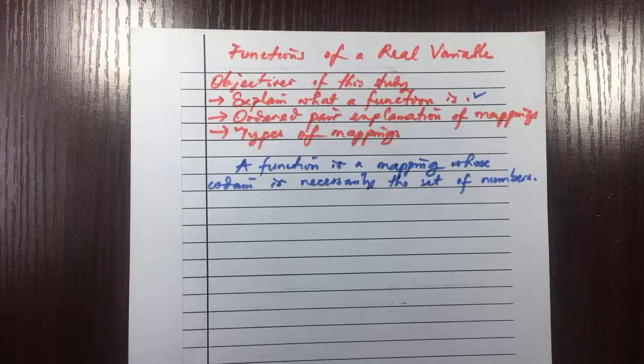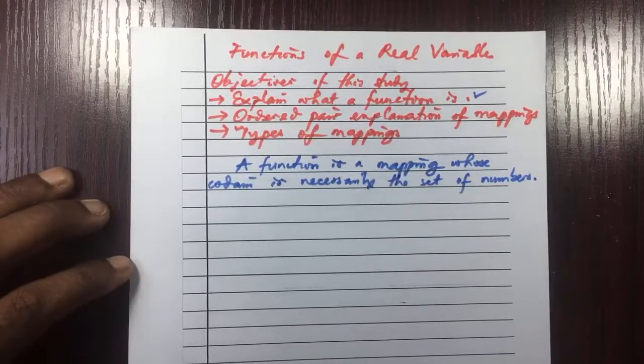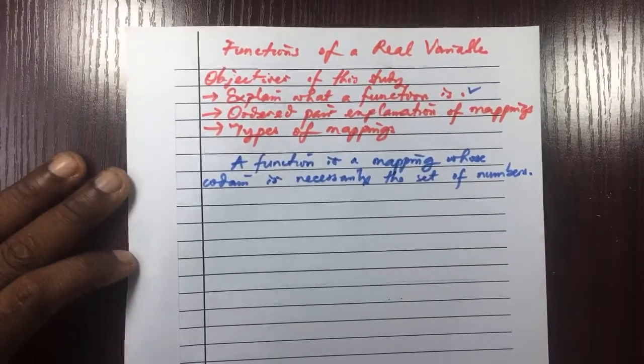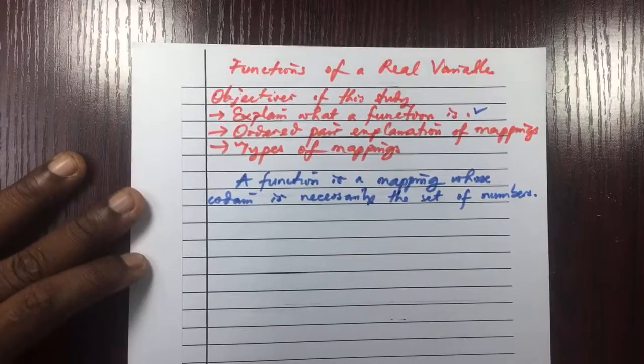Now, if you go online to look at other materials, they won't be wrong to tell you that a function is a mapping whose domain and codomain are the set of numbers. It's still not a wrong definition. Necessarily, out of the two sets, the codomain must be the set of numbers.